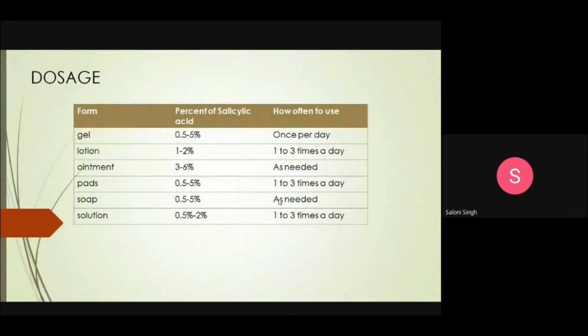For gel, it is 0.5 to 5%, and you should use it just once per day.